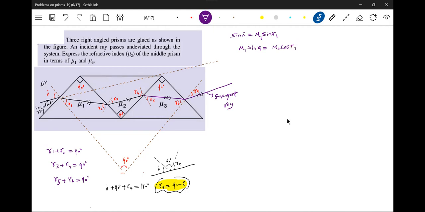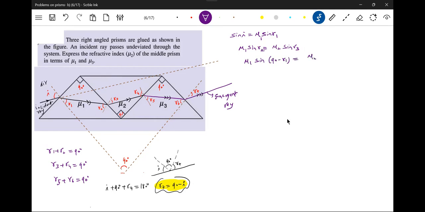Applying Snell's law, mu1 sin R2 should be equal to mu2 sin R3. Any replacement can we do here? Mu1 sin R2, I can write it as 90 minus R1.